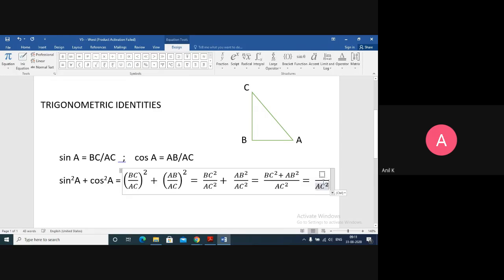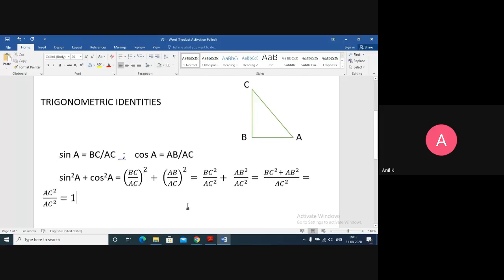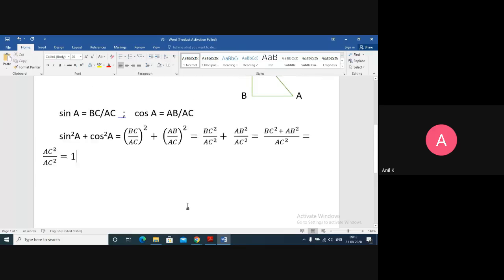AC square upon AC square will be 1. So we have the formula sin square theta plus cos square theta equals 1, or you can write sin square A plus cos square A equals 1.